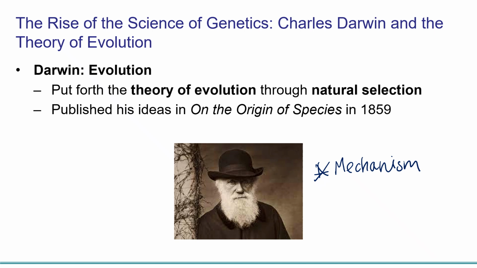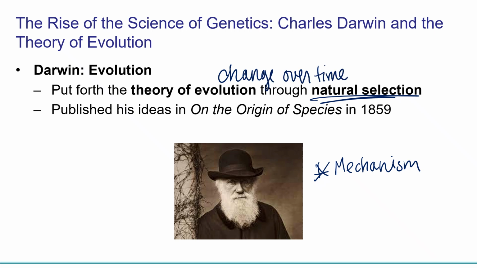He had all of this evidence that through the process of natural selection, populations change and traits in the population change, but he didn't have a mechanism for it. And so Darwin, along with Alfred Russel Wallace and his support of the theory of evolution, between the two of them, they had this really great case for natural selection and change over time.